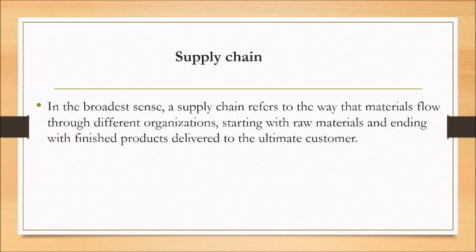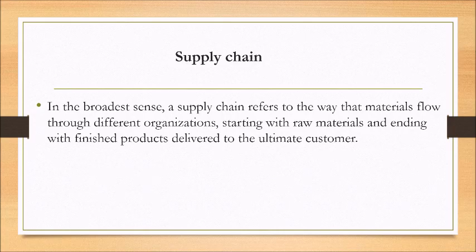In the broadest sense, a supply chain refers to the way that materials flow through different organizations, starting with raw materials and ending with finished product delivered to the ultimate customer.